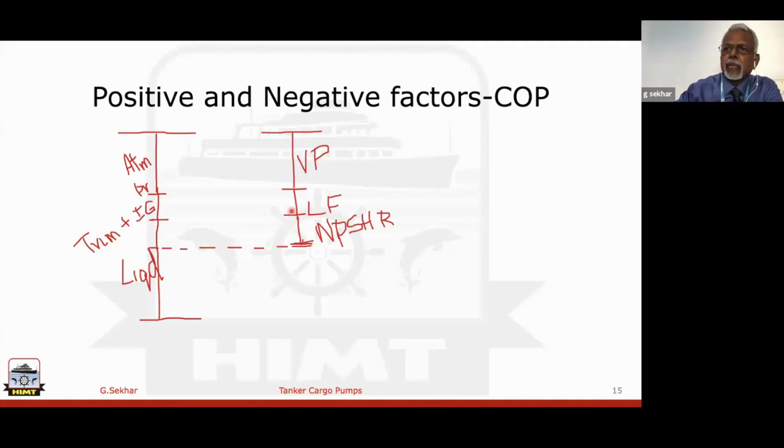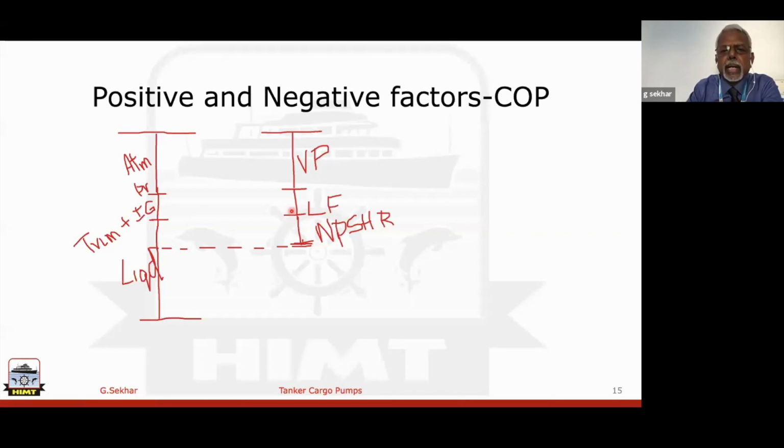Before the liquid reaches the eye of the impeller, these are all factors which give some sort of resistance, some sort of obstacles. Because as we have seen earlier, unless a proper priming is done, unless the pump is filled with the liquid, the centrifugal pump will not be able to perform.